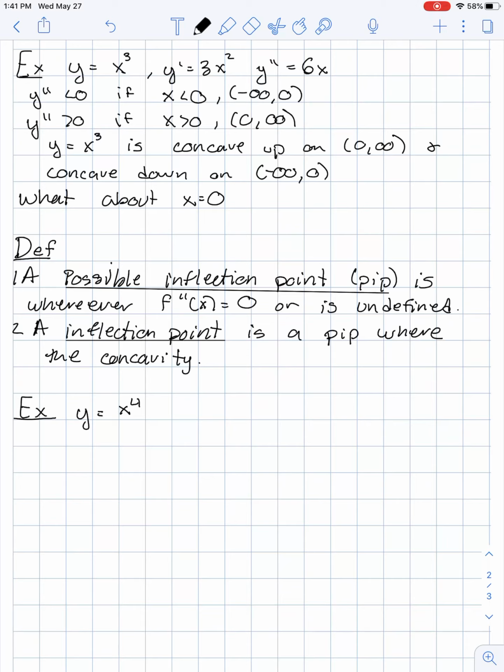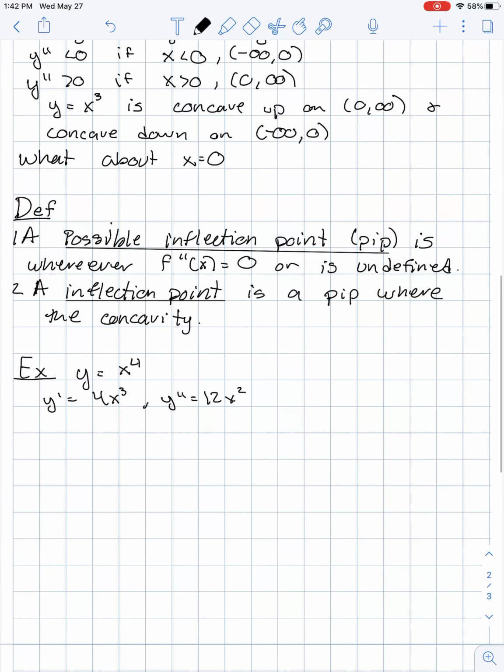Okay, cool. So if y equals x to the fourth, we need to find y prime, so that's 4x cubed, and y double prime is 12x squared. So we want to set that equal to 0, right? To find our possible inflection point. So I set 0 equal to 12x squared. That gives me x equals 0.